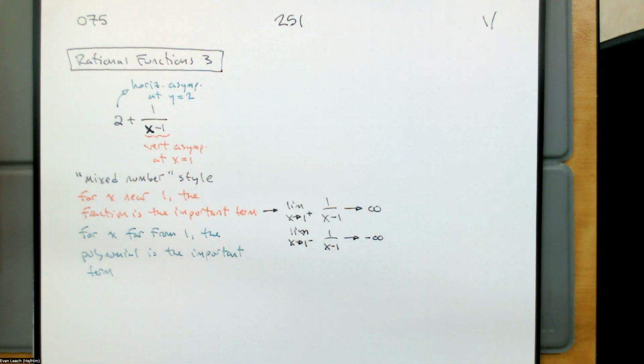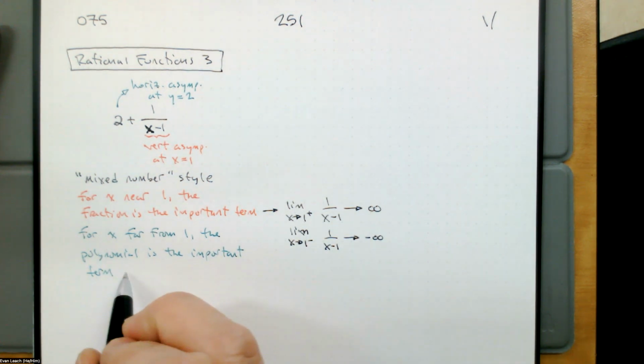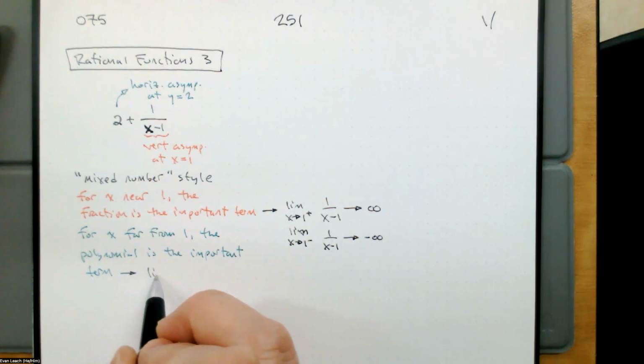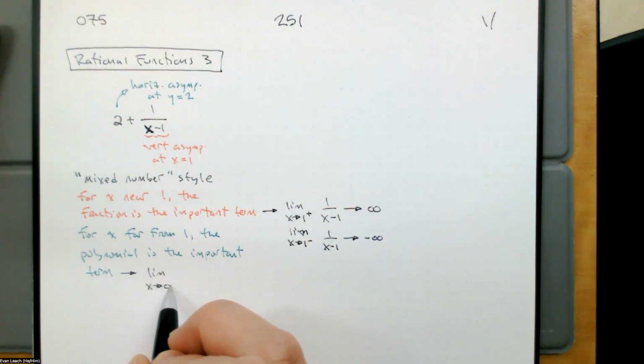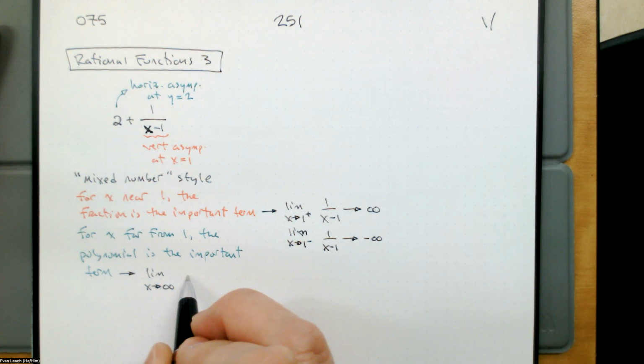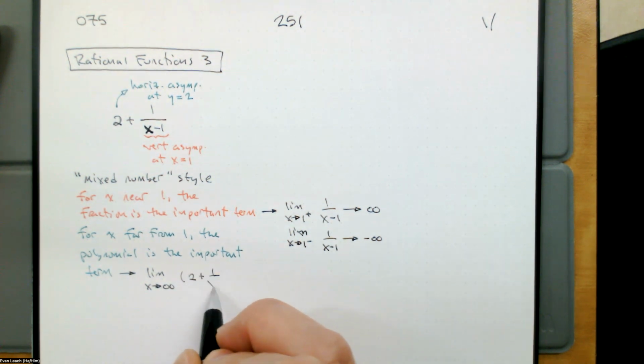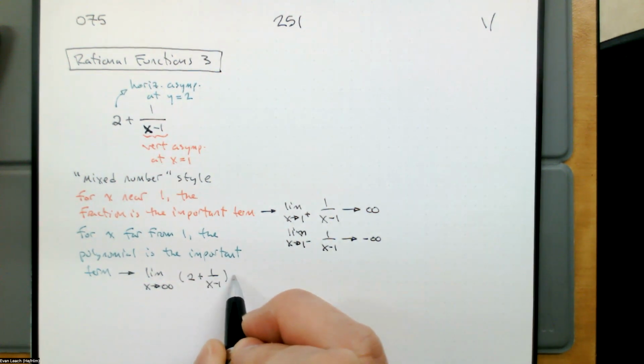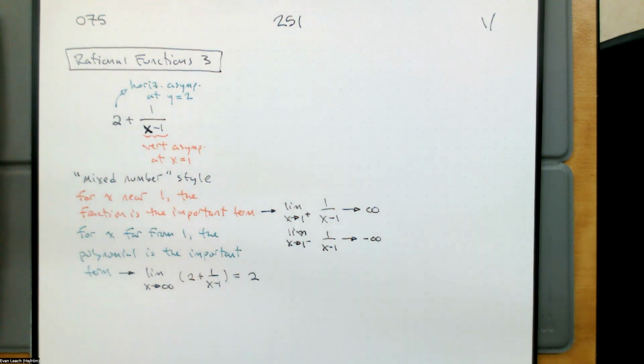For x far from 1, the fraction matters less, and the 2 is what's important. The limit as x goes to infinity of 2 plus 1 over x minus 1 is 2. Far from 1, the fraction is 0. Close to 1, the fraction is everything.